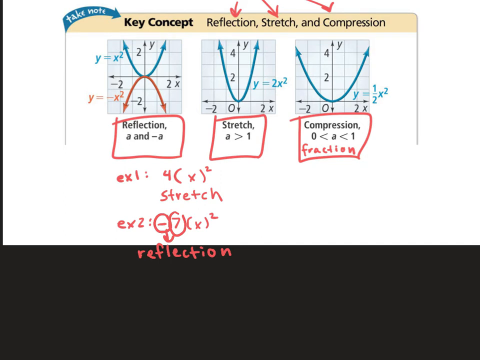Yes, so it is a stretch. So here we have a reflection and a stretch. Some people in the last class were saying, but it's negative 7. Negative 7 is less than 1. Once we say that that negative is a reflection, we only look at the number. We don't look at the negative anymore.